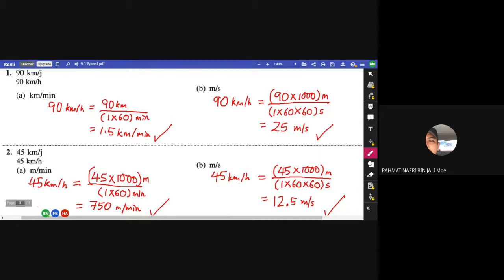Click the button raise hand if you are done for page 83. Please stay raise hand. Let me lower your hand after this.